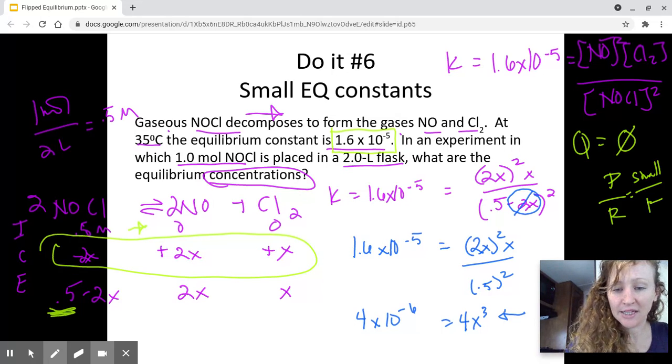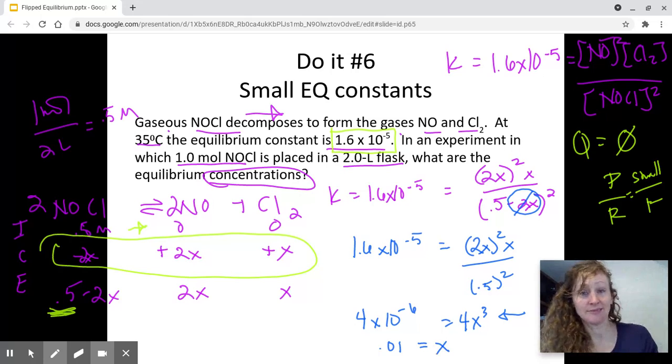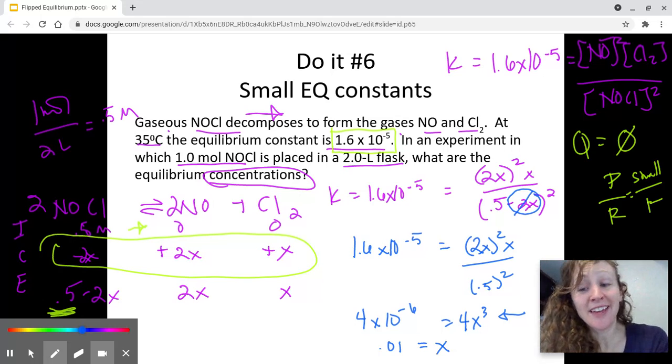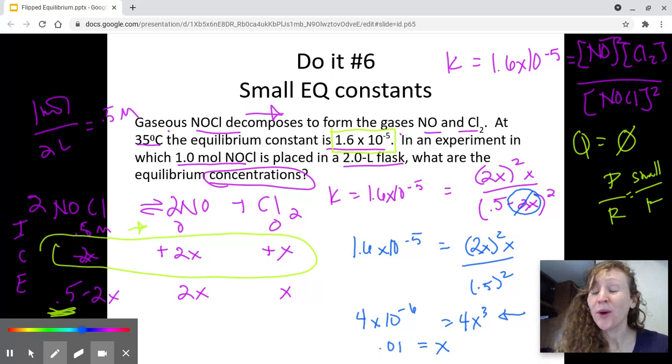All right, and I got 0.01 equals x. So there you go. Now our change is 0.01. And I figured that out without using the quadratic formula. So this approximation can help you avoid the quadratic formula.